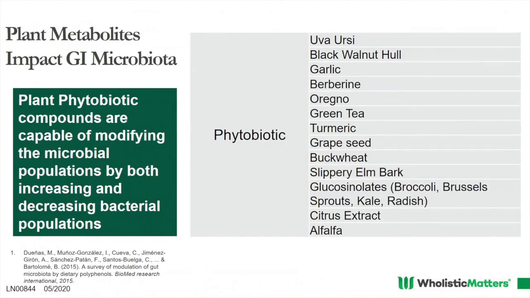These plant metabolites, once again, they can modify the microbial population by both increasing and decreasing it. And when you look at those phytobiotics, I've been starting to incorporate a lot of these more traditional herbal components that have been utilized for their specific effects on the different microbes.